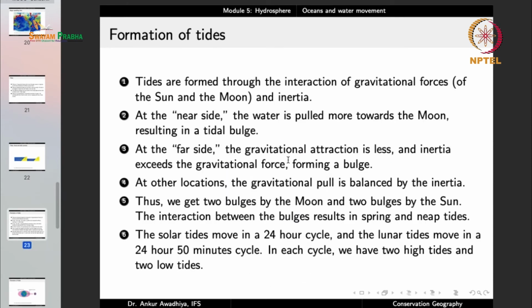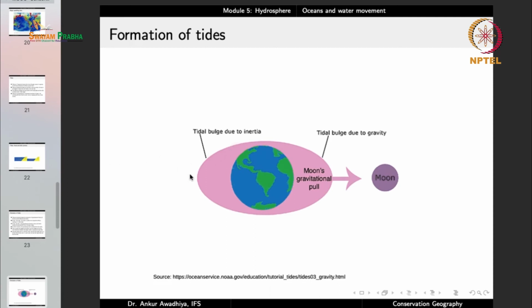At the far side, the gravitational attraction is less and the inertia exceeds the gravitational force, which forms a bulge. So here as well we get a bulge, and this bulge is not because of gravity, it is because of inertia. Essentially this water is not moving. The gravitational attraction here is even lesser than the gravitational attraction on the earth.